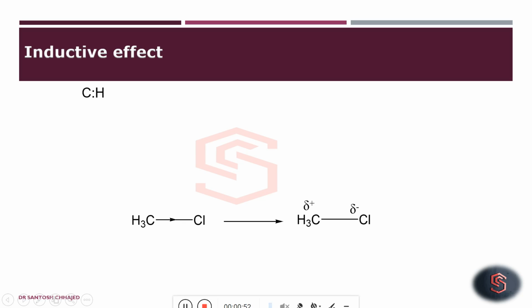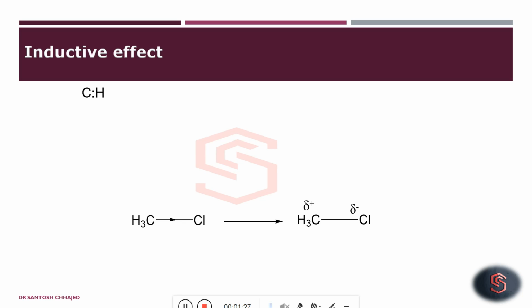So what is inductive effect? Before that, I would like to make you recall something we have discussed in the video where we learned about electronegativity. We learned that some elements have a tendency to pull bonded electrons towards themselves, and this tendency is based upon their atomic number and atomic size.